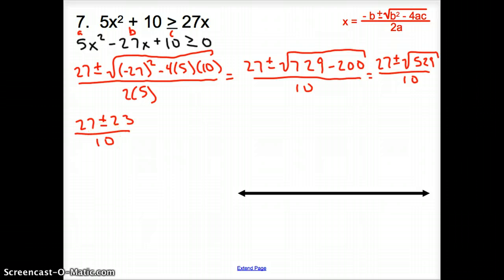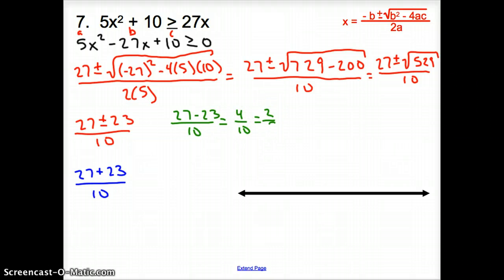Now I'm going to separate those two guys. It's going to be 27 plus 23 over 10, and let's go right here, 27 minus 23 over 10. This guy will give you a 4 over 10, simplifying to 2/5.